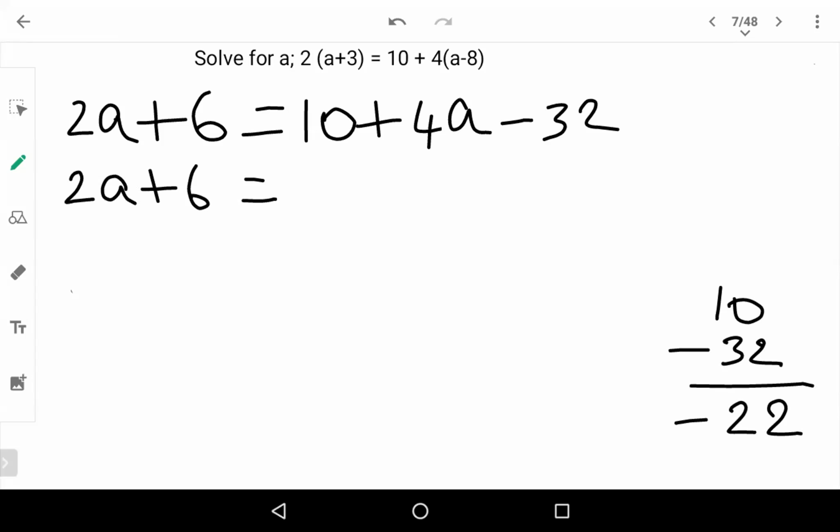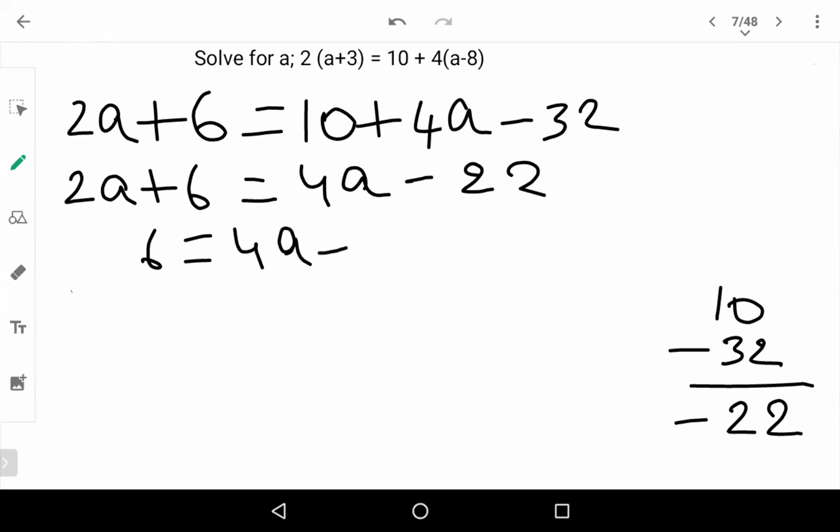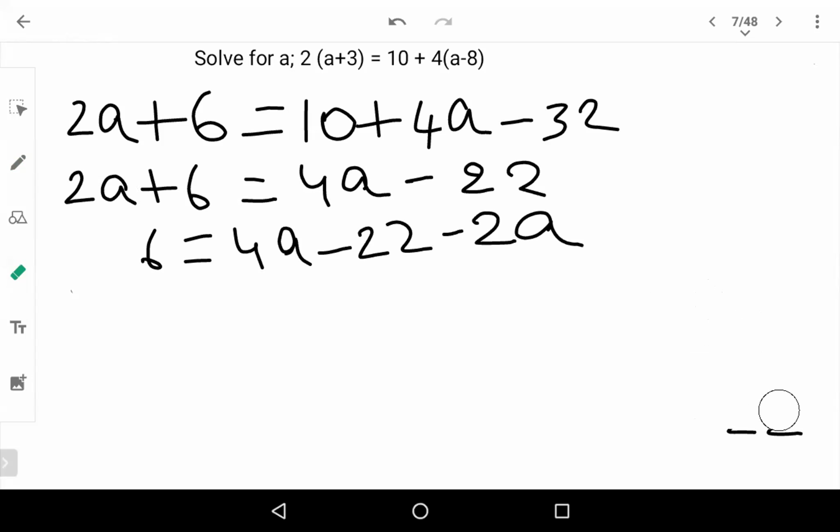One is plus and other is minus. So 4a minus 22. Now I'll take 2a to the other side. So 6 is equal to 4a minus 22 minus 2a.